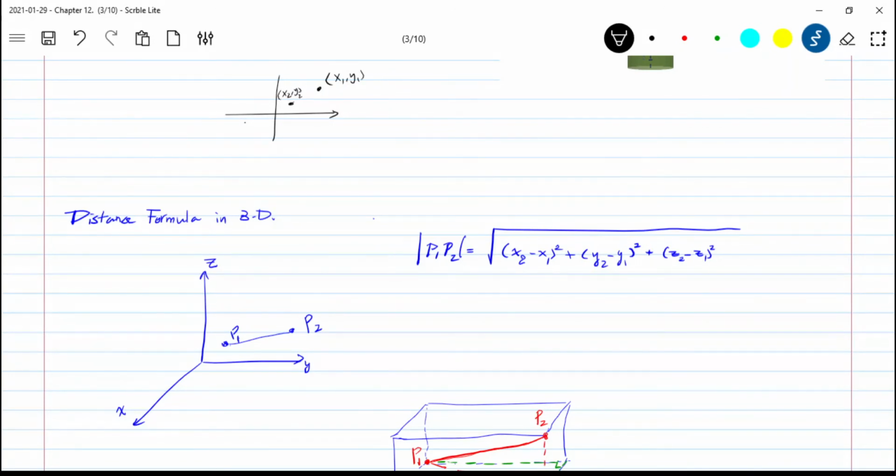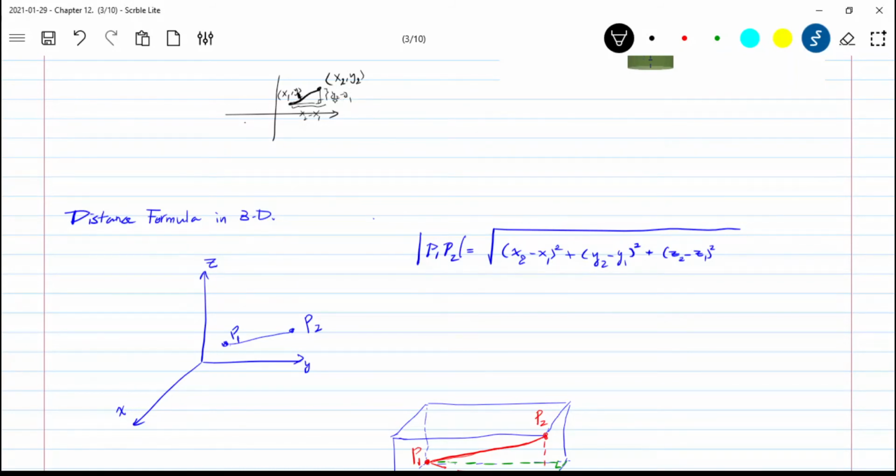This length is x2 minus x1, and this length is y2 minus y1.